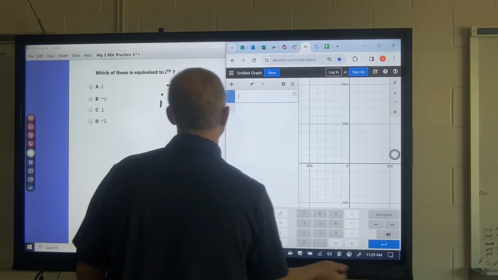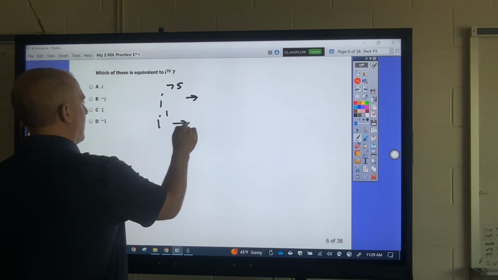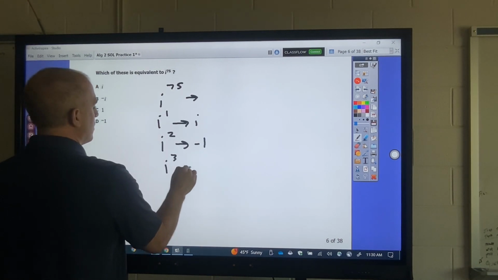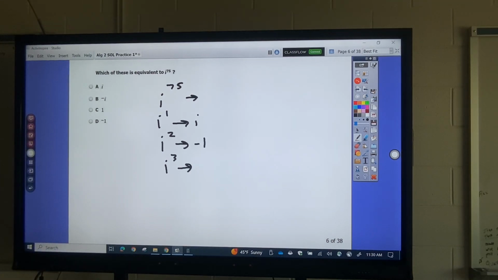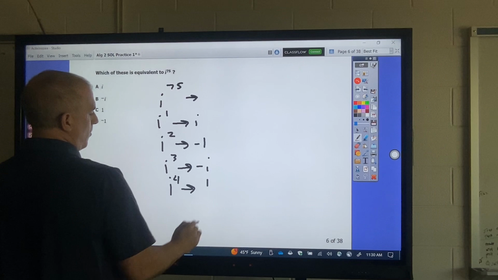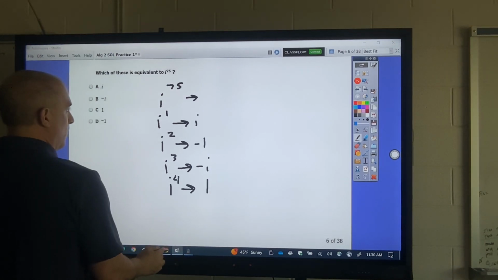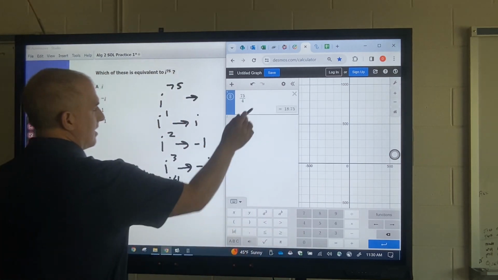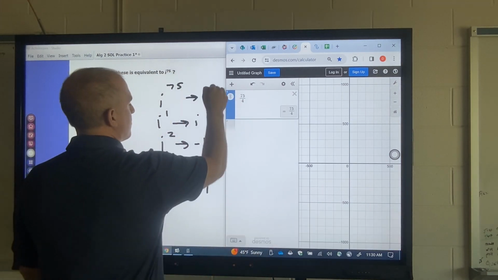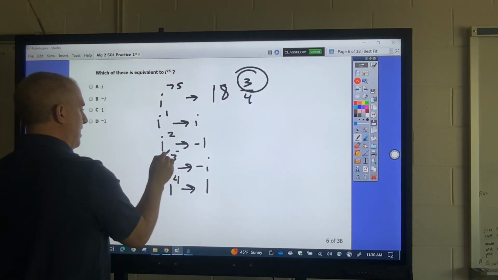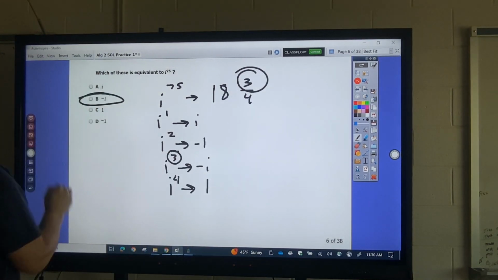So you have to understand that i to the first is i, i to the second is -1, i cubed is -i, and i to the fourth is 1. So you got to look at, well, what is 75? 75 divided by 4 is 18 and 3/4. Okay, so what that refers to is that's going to be i cubed, which means that's going to be -i.